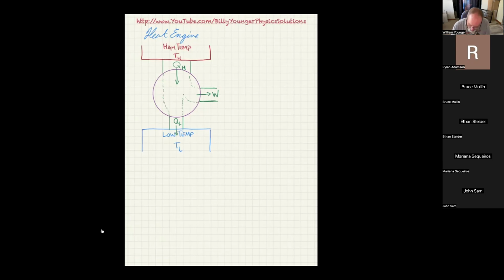Now, the way we define efficiency is we use a symbol like this. That's the efficiency, and it's basically what you get divided by what you pay for.